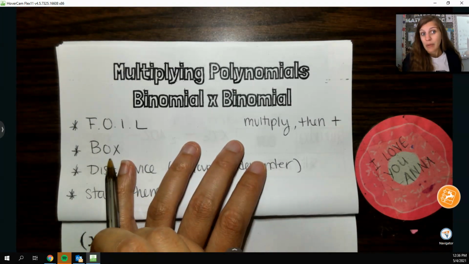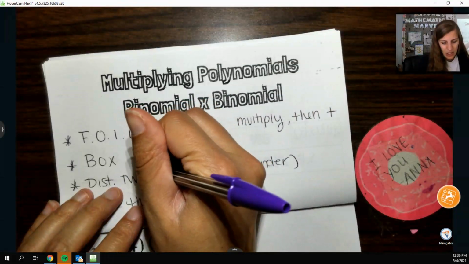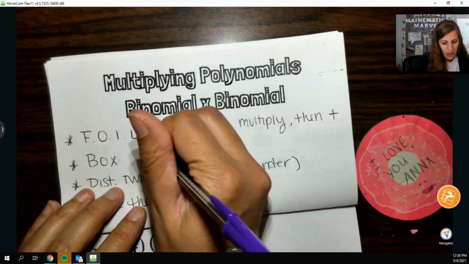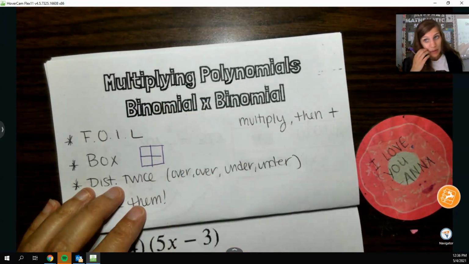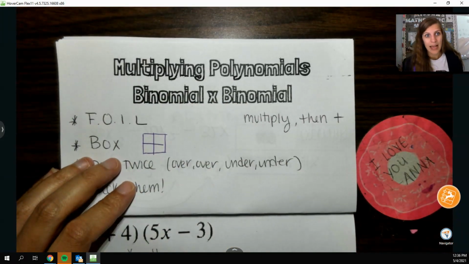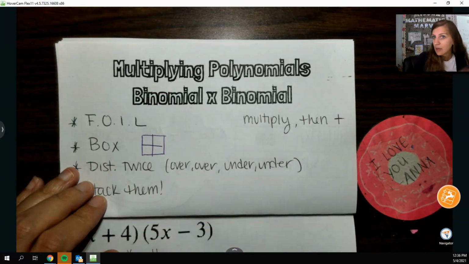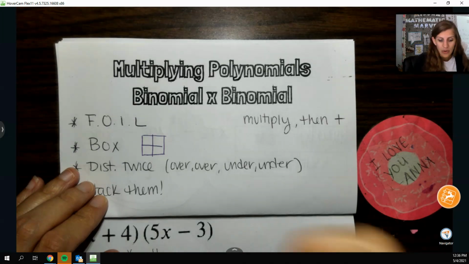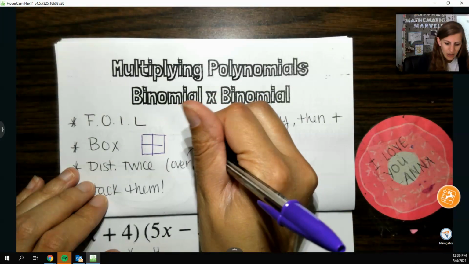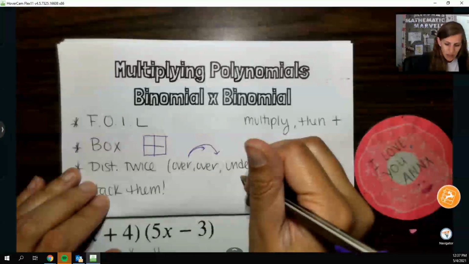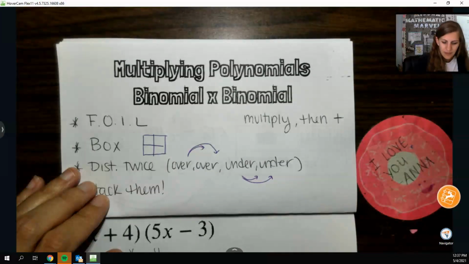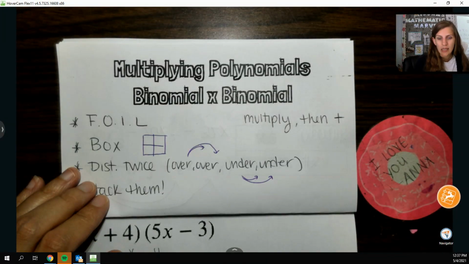I initially showed you the box where we made like a 2x2 square or a 2x3 or a 3x3, whatever you're multiplying. Then I showed you distributing twice, or like we've talked about in some of my hours, doing the over, over, under, under. So like over, over, and under, under, distributing twice.